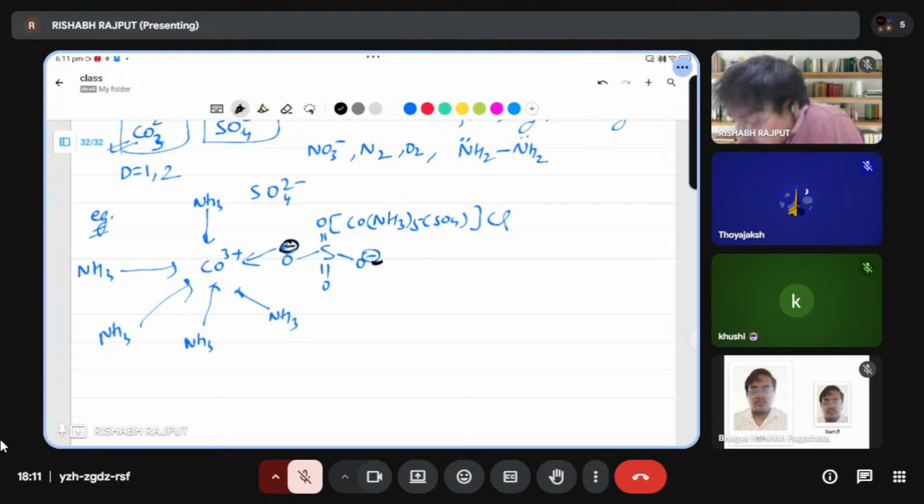But I will give you one more example, in which you can observe sulfate giving two electron pairs, two coordination bonds.